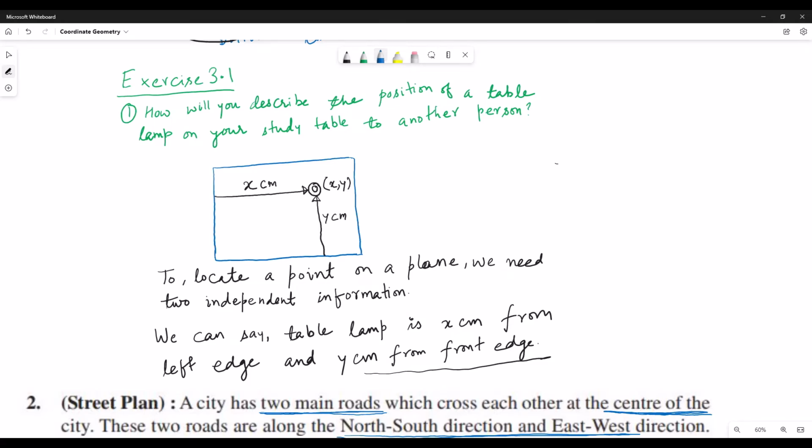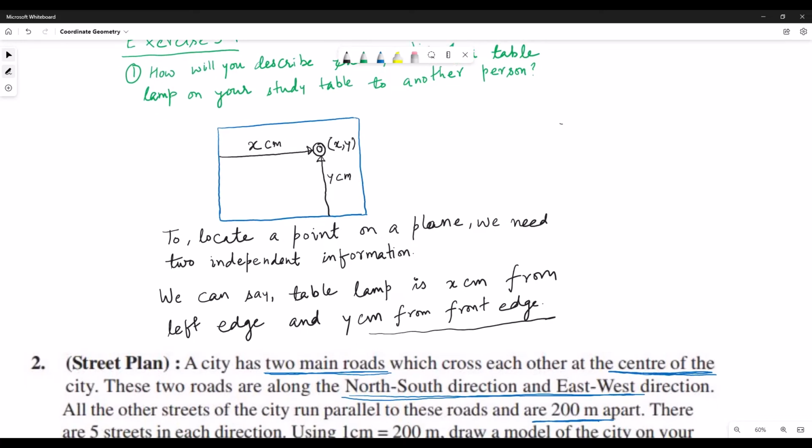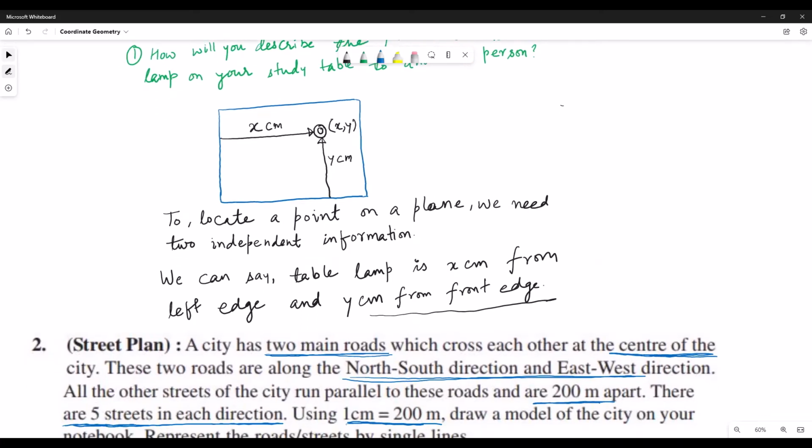If you give him these two pieces of information, then you can find the unique point where the table lamp is located. So these two pieces of information can uniquely identify the table lamp on the table. So this is the use of coordinate geometry. This is what we study coordinate geometry for.